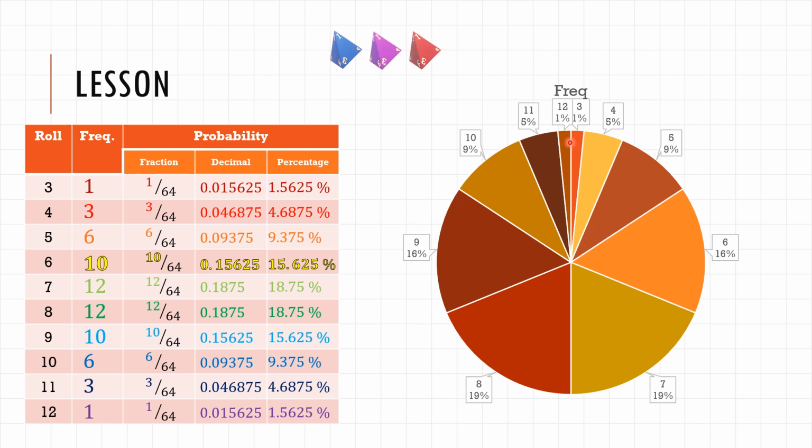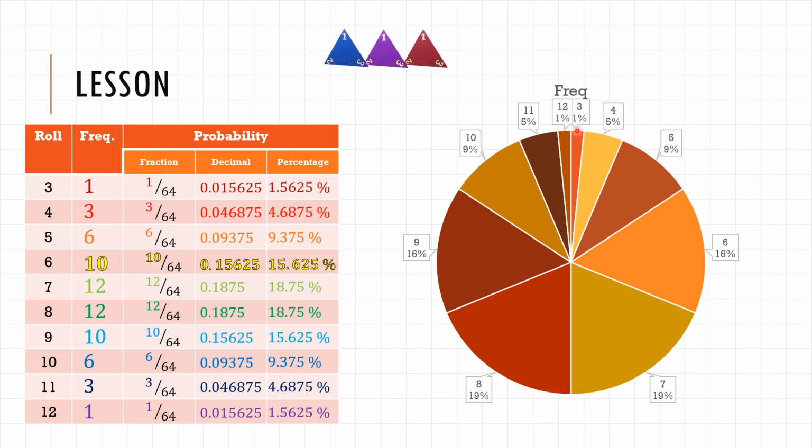And that helps us realize that, yes, the mean would be 7.5, and as we get further away from 7.5 towards the right, counterclockwise, or even clockwise along the left, we notice the slices getting smaller and smaller. And therefore, we can see that, yes, 12 and 3, the further we get from our mean of 7.5, the less likely those numbers are to roll.